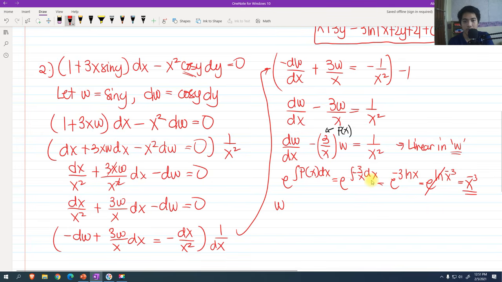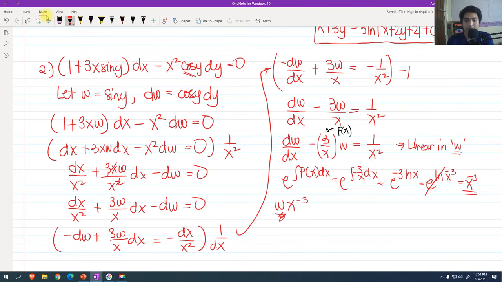So we have w, the dependent variable, multiplied by the integrating factor. And that is equal to what? I should erase.